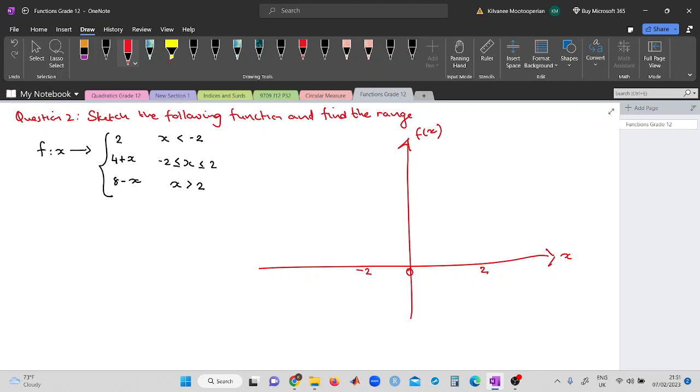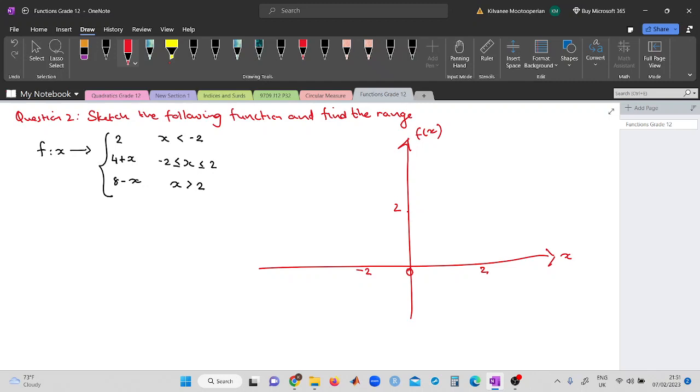When it is less than minus 2, it is 2. I have to find 2 here. Donc, on va mettre 2 là.